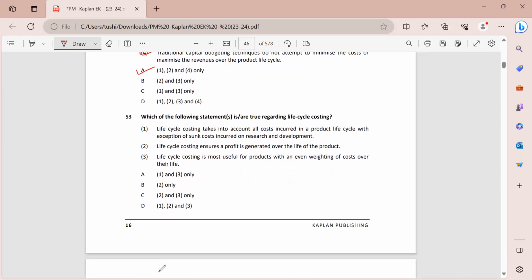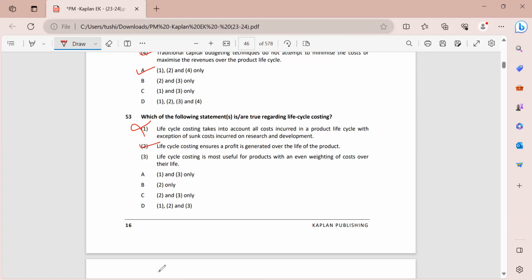Moving to the next one, which of the following statements is true regarding life cycle costing? Life cycle costing takes into account all costs incurred with the exception of the sunk cost incurred on research and development. Now, this statement is false because we do take research and development costs also. Life cycle costing ensures a profit is generated over the life of the project. Definitely, yes.